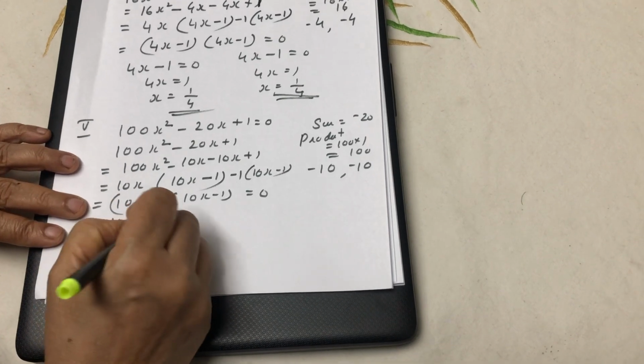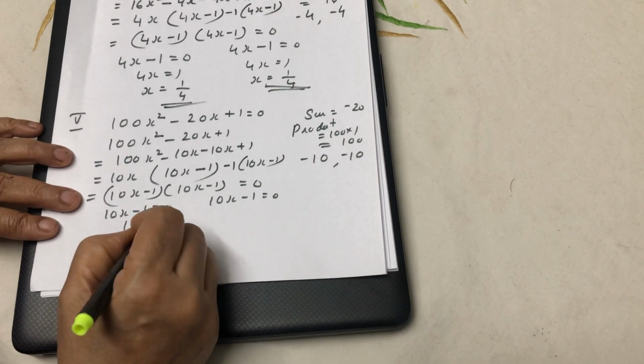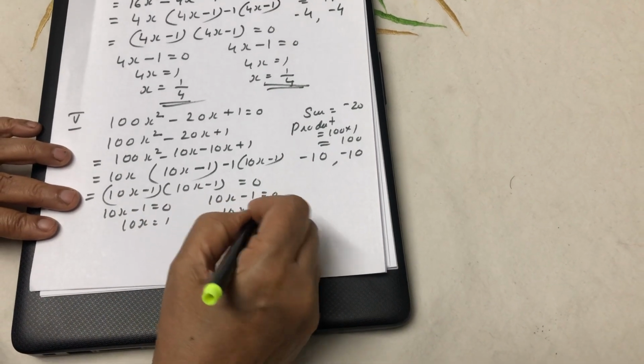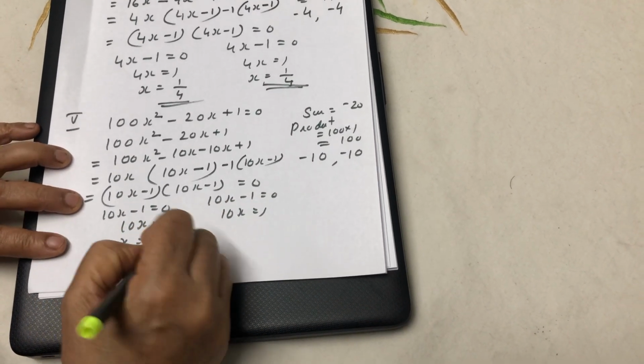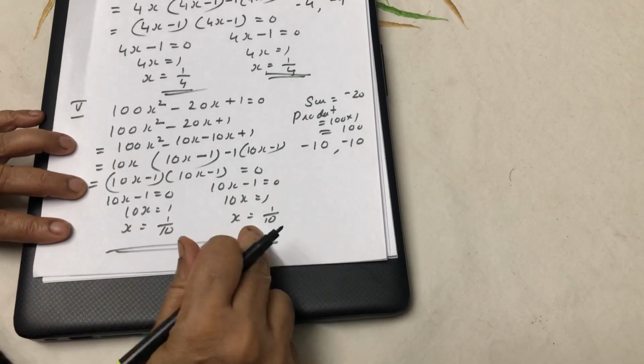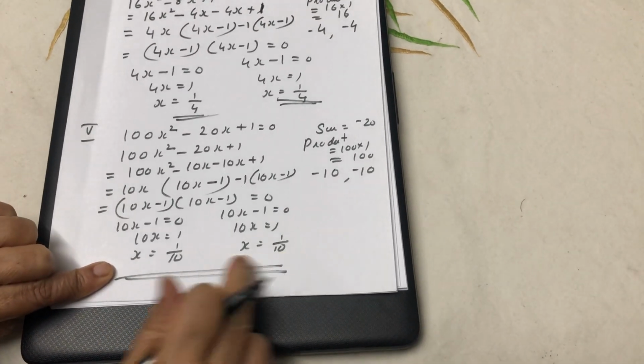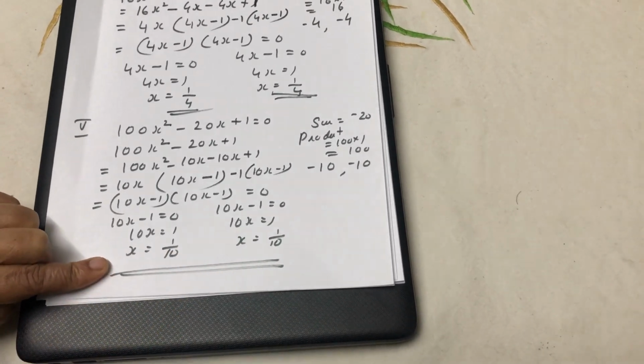So 10x minus 1 is 0. 10x is 1, here also 10x is 1. x is 1 by 10 and x is 1 by 10. Here also this quadratic equation has two equal roots, which are 1 by 10 and 1 by 10.